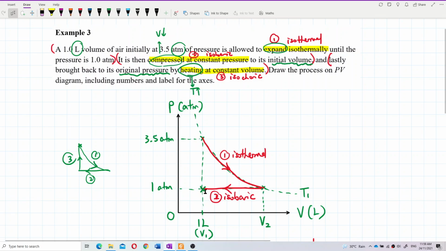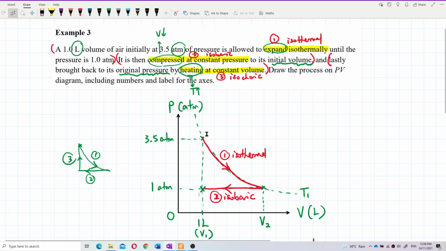Now the third one is constant volume. Constant volume, that means maintains 1 liter. But heating, go up to the original pressure. Original pressure is 3.5 atmospheric pressure.